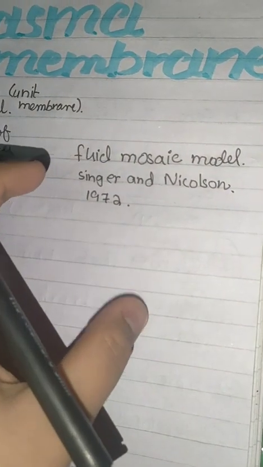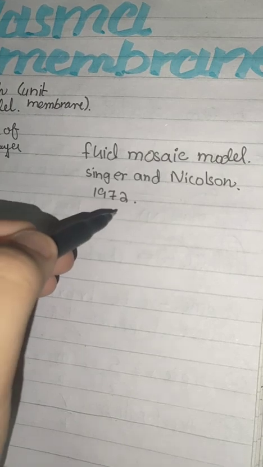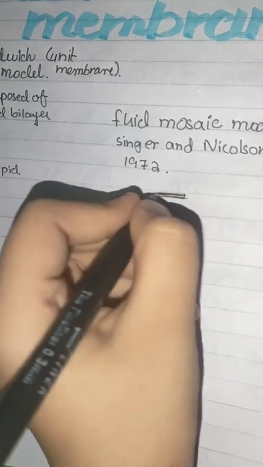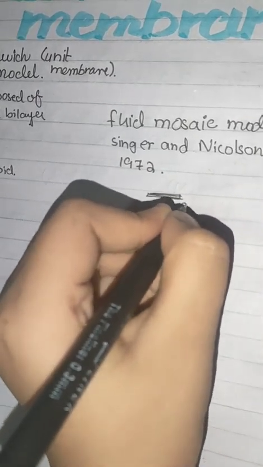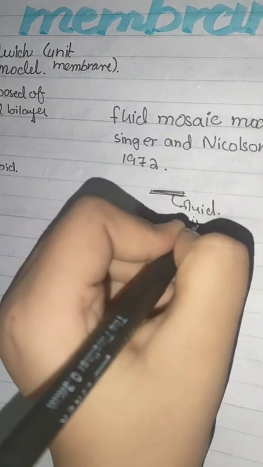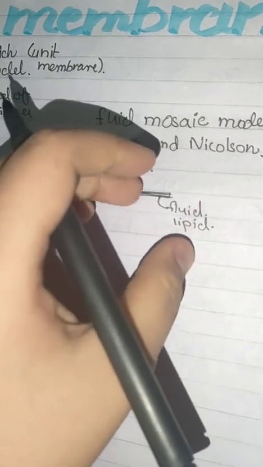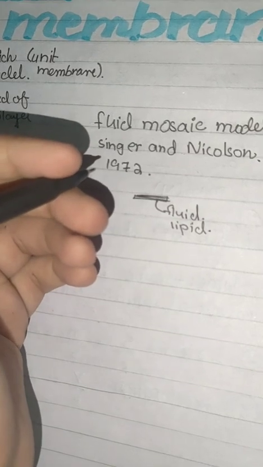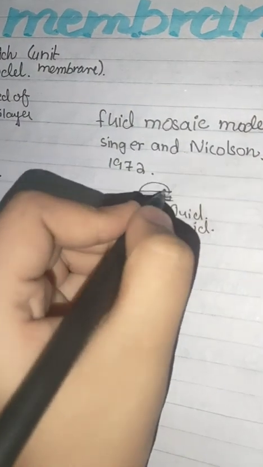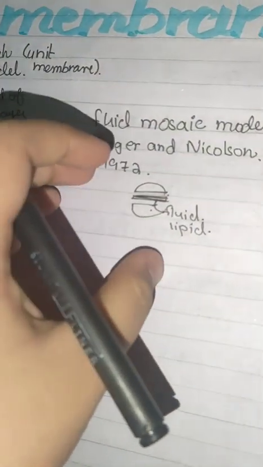In the fluid mosaic model, they proposed that in the middle there is a fluid, and that fluid is lipid, and it can easily rotate, transfer or vibrate. The proteins are present in the bilayer of phospholipid.